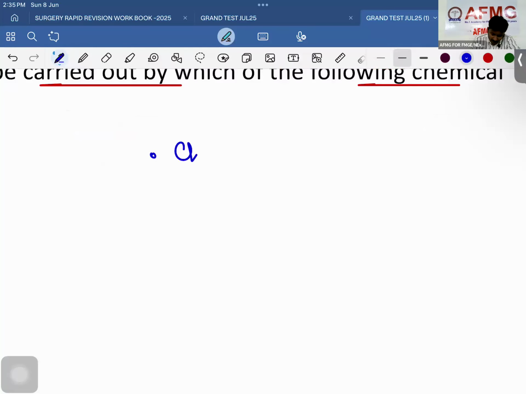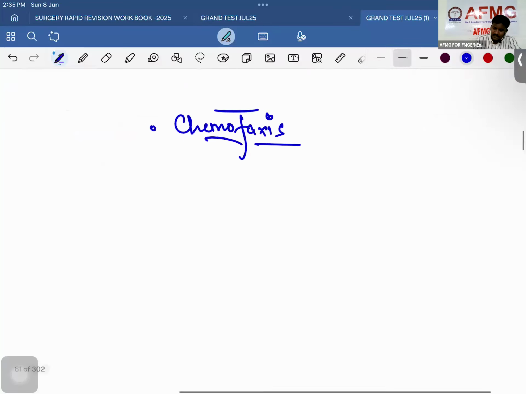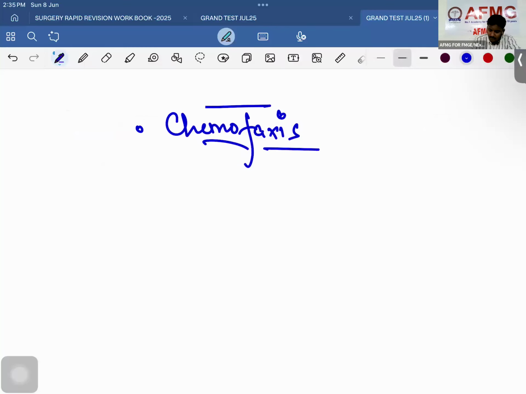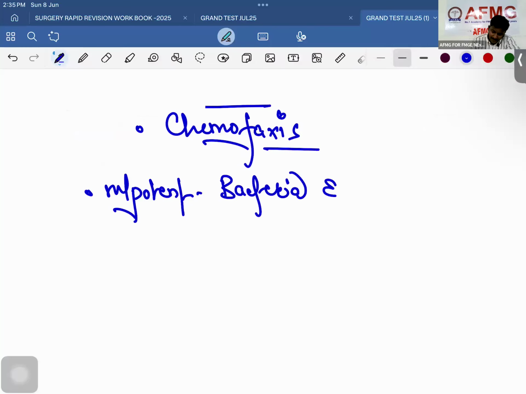This procedure is known as chemotaxis. And I hope all of you are aware that chemotaxis is carried out by chemoattractants. Which is going to be the most potent chemoattractant? Who will attract the most? Bacteria himself. Bacterial endotoxins are going to be the most potent chemoattractants.